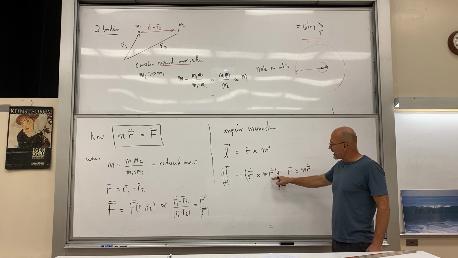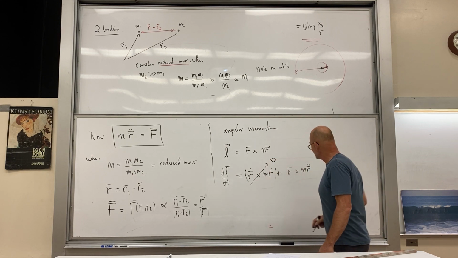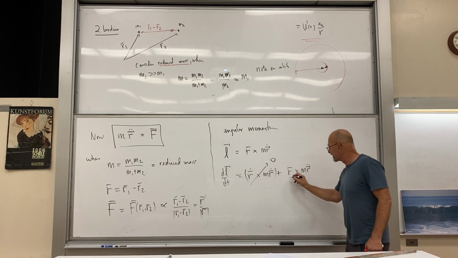Here we have two parallel vectors, cross product, that vanishes. Here we have something interesting.